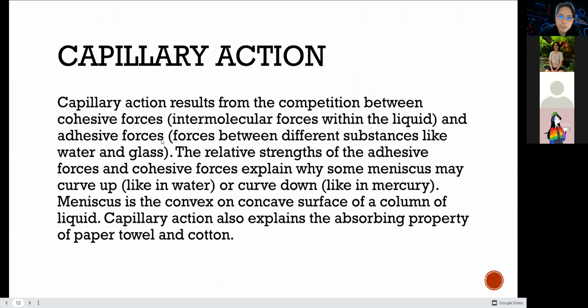Go back to capillary action. Again, this is the result of the intermolecular forces and the forces between substances, adhesive and cohesive. So again, capillary action explains the absorbing property of paper towel and cotton because they have different intermolecular forces.